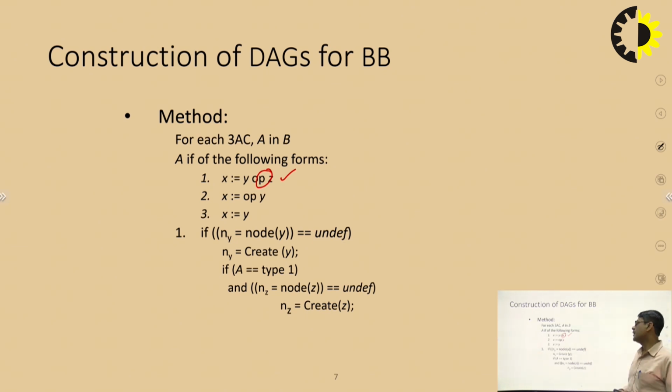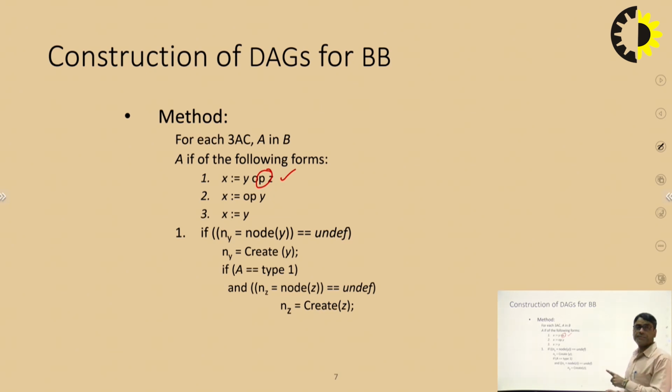So below there is an algorithm given. If ny equals to node y equals to undefined initially, then create node. If a equals to type 1, type 1, 2, 3 is given. So nz equals to node z equals to undefined. So what you have to do? You have to create their child. If it is undefined, firstly create root node, then create children.